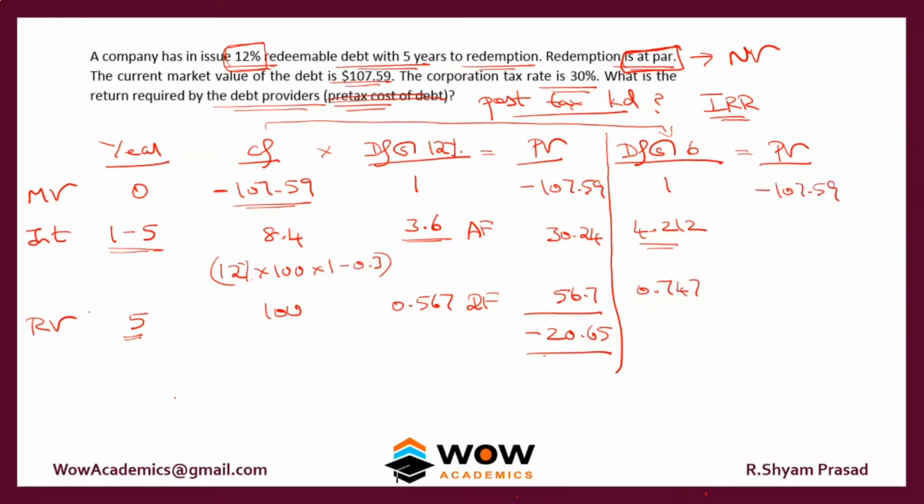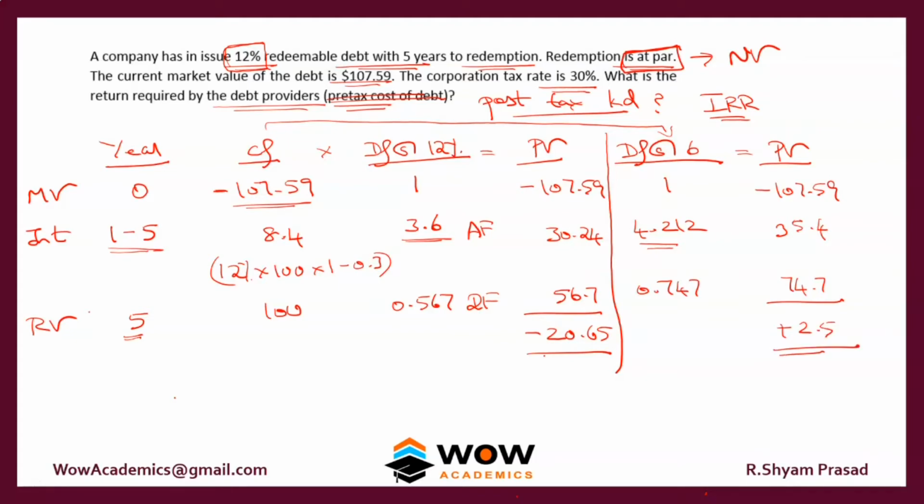The second number is 8.4 into 4.212, so the answer comes to 35.4. And the last number comes to 74.7. We'll add all of them, and the answer comes to plus 2.5.